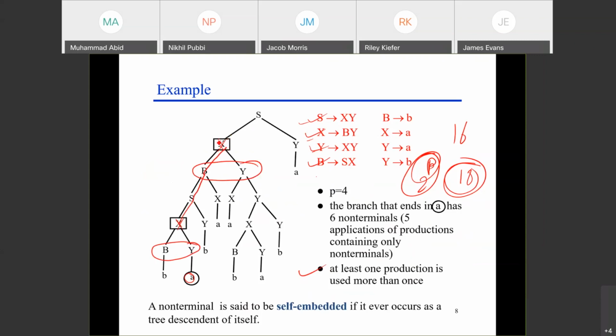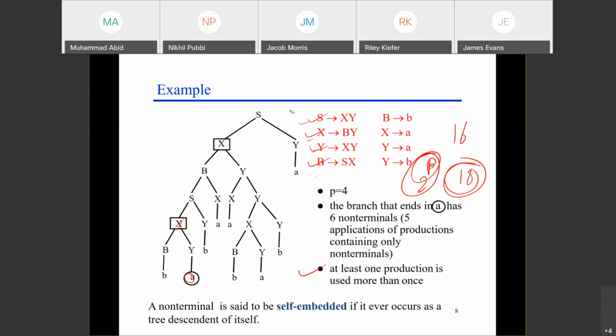So this X is a descendant of this X, with the same production rule, and this is a self-embedded non-terminal. To be self-embedded, it must be a descendant, meaning you can reach there, and have the same production rule. Then we can say that it is self-embedded. This is the idea behind that.